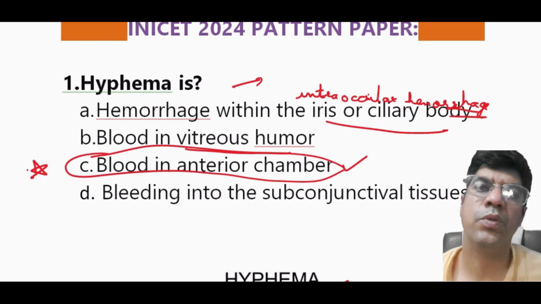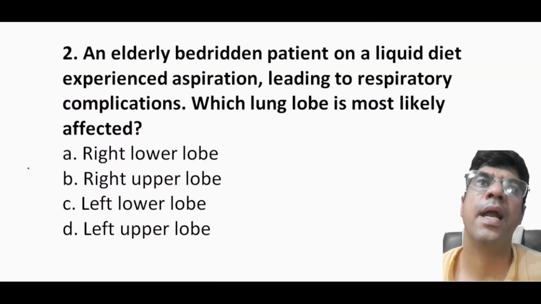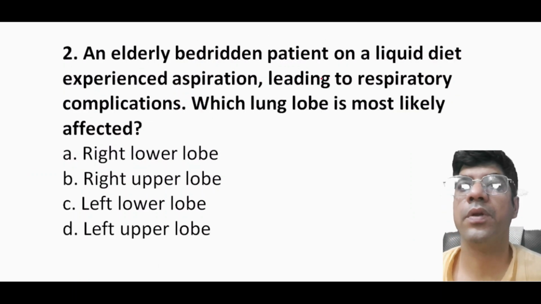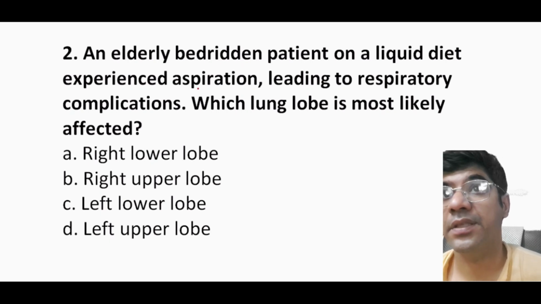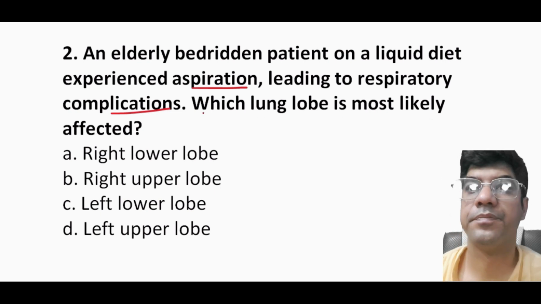Now coming to the next question. An elderly bedridden patient who is on a liquid diet experiences aspiration that leads to respiratory complication. Which lung lobe is most likely affected?